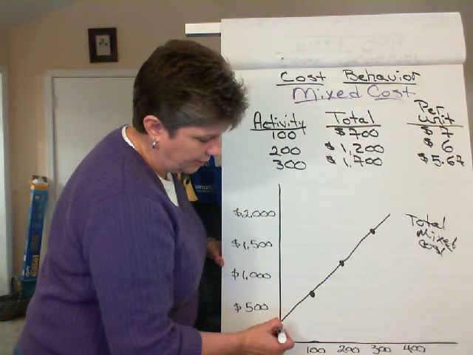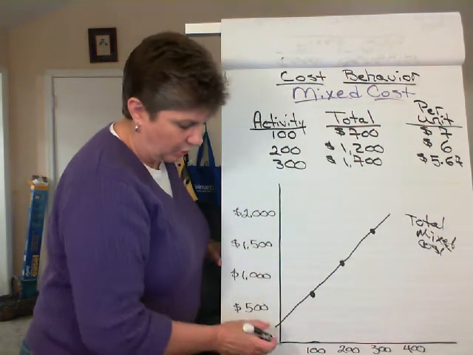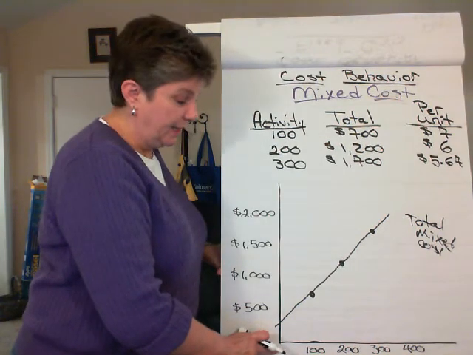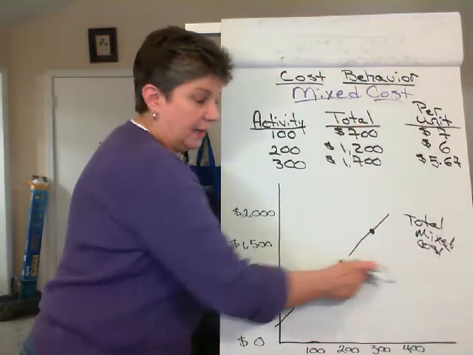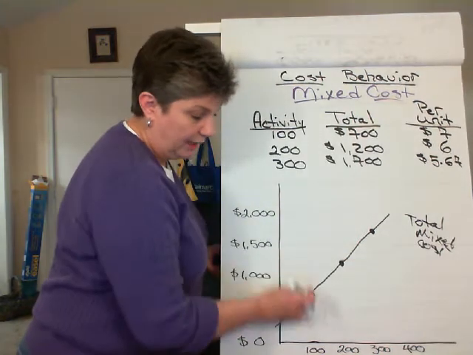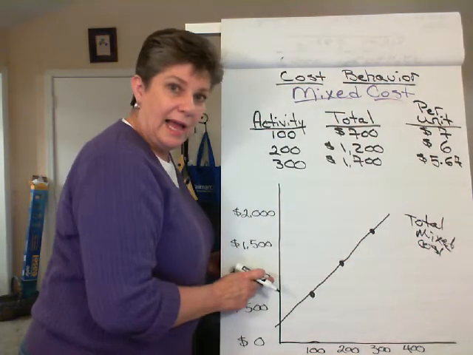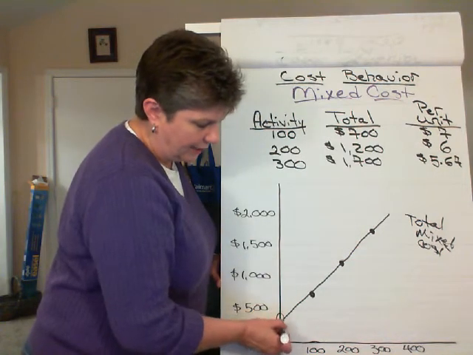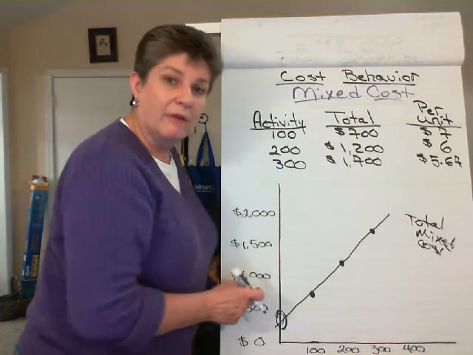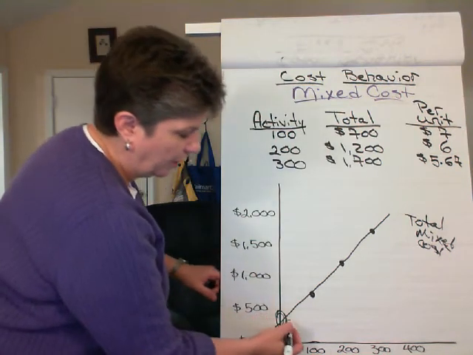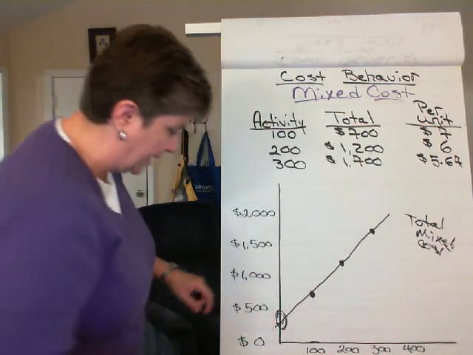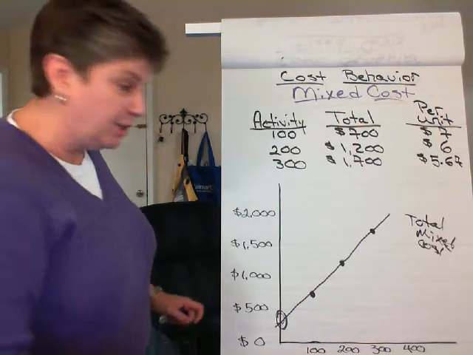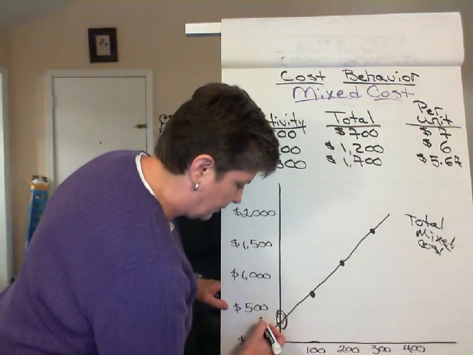our total cost line is going to intersect the vertical axis not at zero like our variable cost did, and it's not going to be a straight line across parallel with the horizontal axis like our fixed cost. It's going to intersect the vertical axis somewhere above zero. And this point where it intersects, in this case, looks to be about $200, maybe $250.